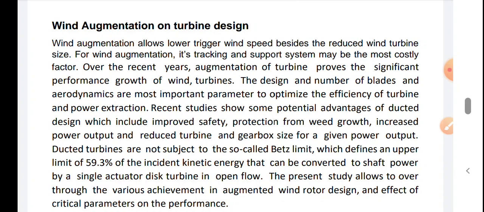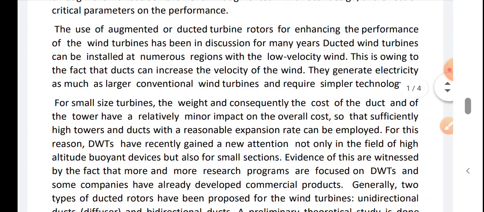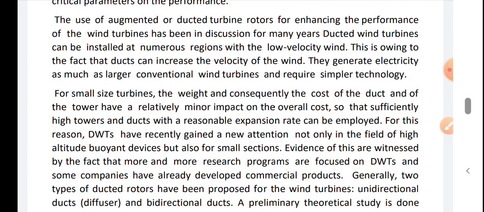Also, the recent studies allow us to review the various achievements in augmented wind rotor design and the effect of critical parameters on the performance of the wind turbine. You can see also the use of augmented rotor enhances the performance of the wind turbine, and the ducted wind turbines are actually installed at specific regions.